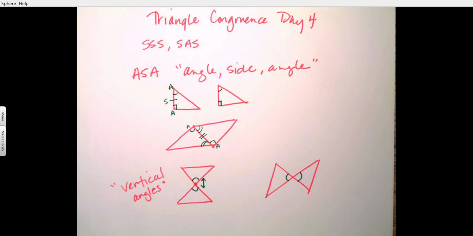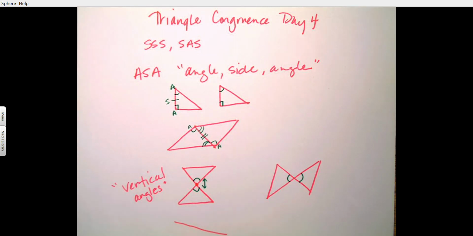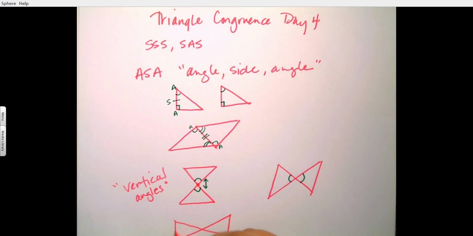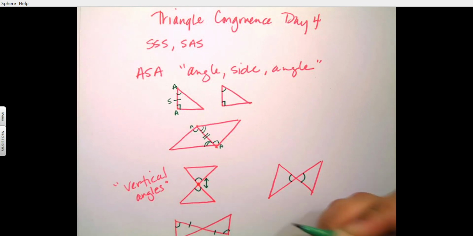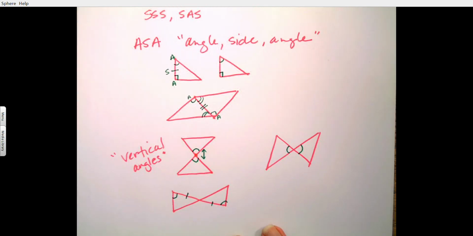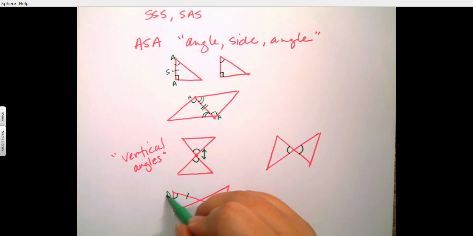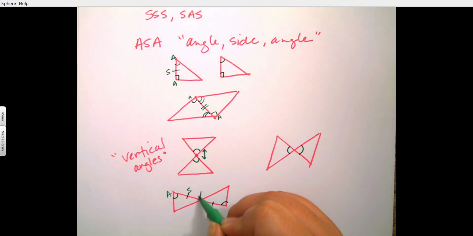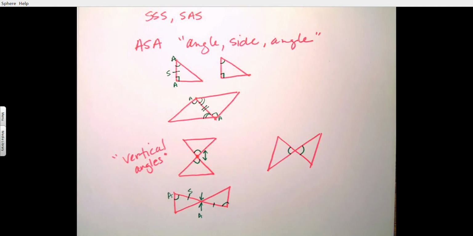So you could see something that looks like this. And this also is angle, side, secret vertical angle. Angle, side, angle.